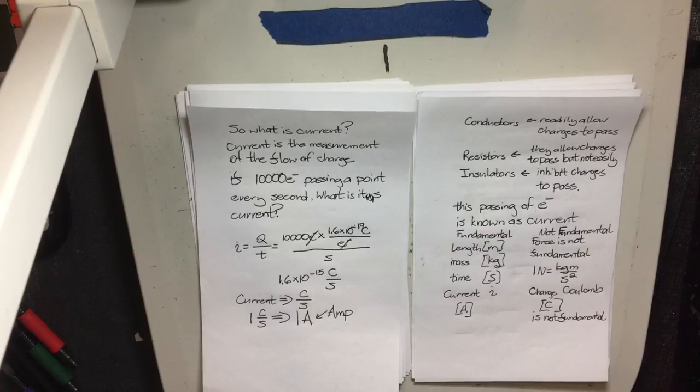You can't easily quantify charge. You can see what it does, but you just can't easily go, that's it. Just like you could say, well, that's a meter. This is 100 grams. 5 seconds have just passed. But those are easily quantifiable, just like current.